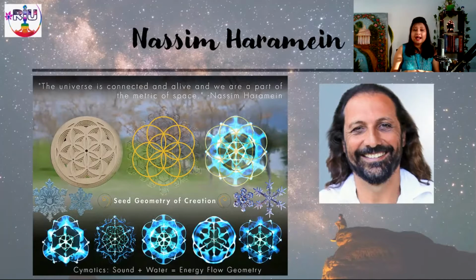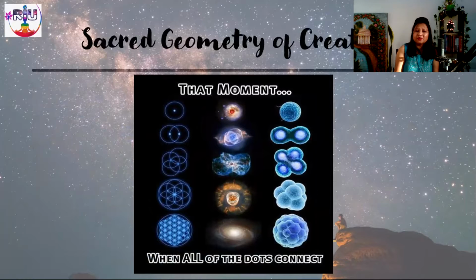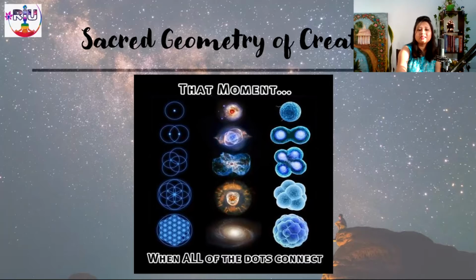Nassim Haramein has spent more than 30 years in his research, and he connected all the dots of how everything is connected, how we all are living in a unified field. Can you see the presence of sacred geometry at different scales? In the cosmic level, the universal level, and in the cellular level.